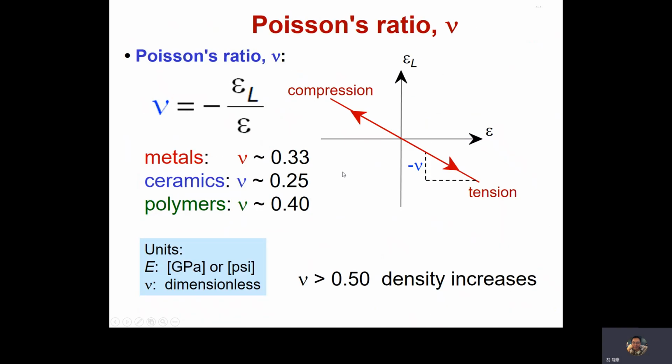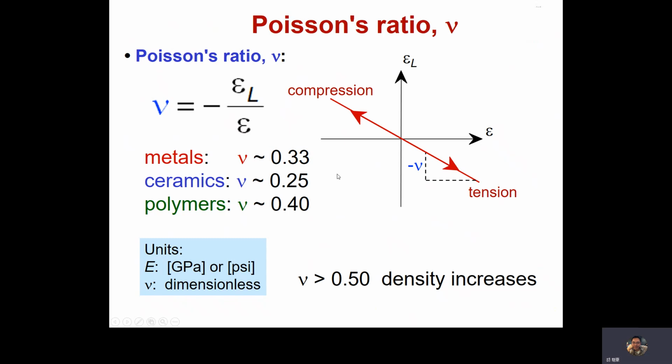Okay, so let's look at the other mechanical parameters. It's called the Poisson ratio. So what is Poisson ratio? When we have the tensile test or compression test, the dimension changes. The lateral strain divided by the tensile strain or compression strain is the Poisson ratio.